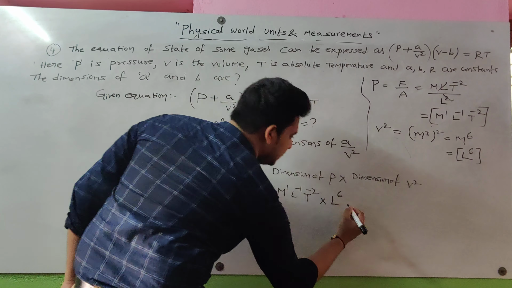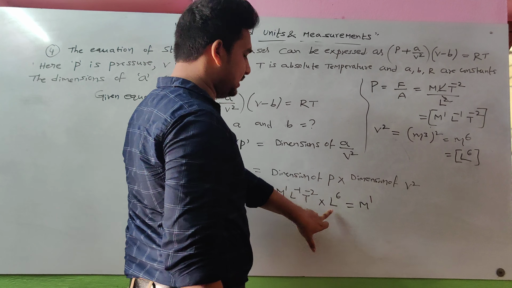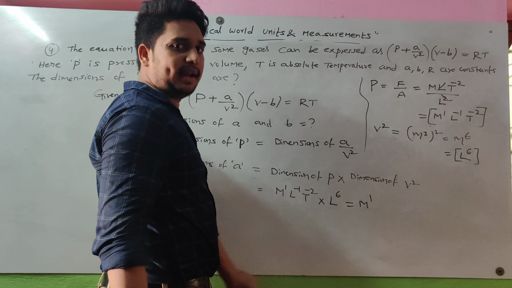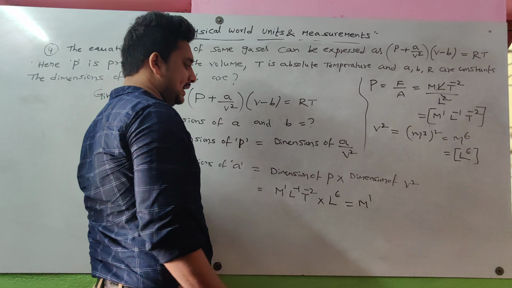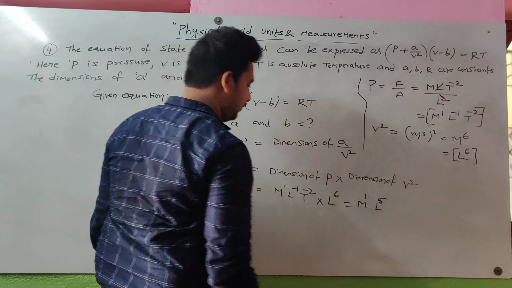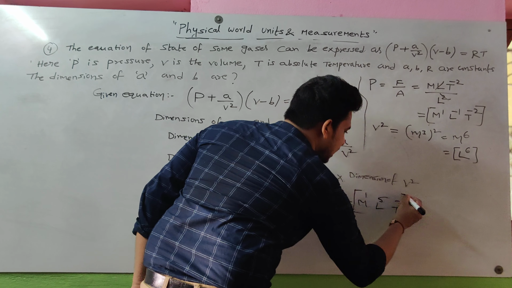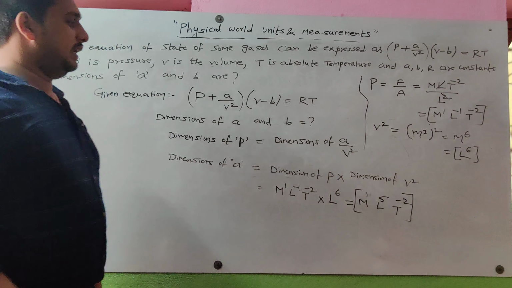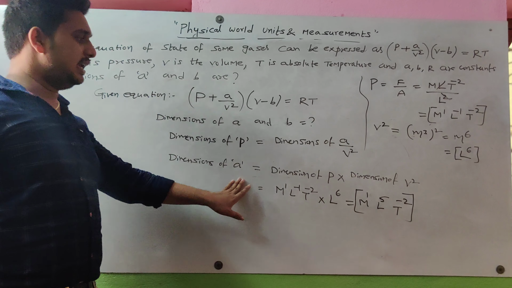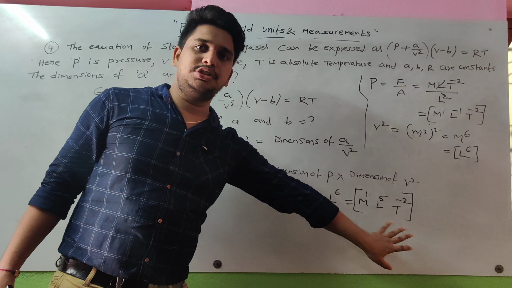That means M power 1, L power minus 1 plus 6, which is L power 5, T power minus 2. So the dimensional formula for A is M power 1, L power 5, T power minus 2.